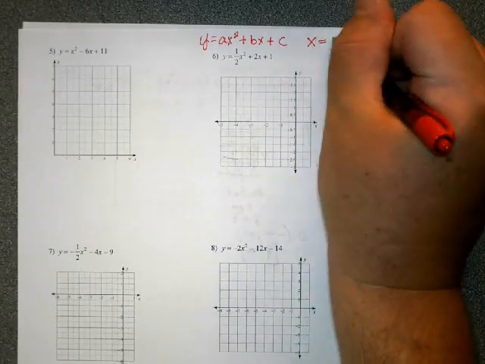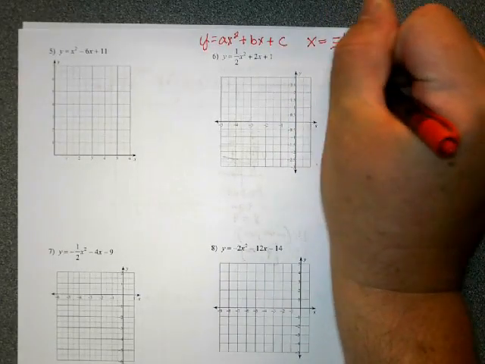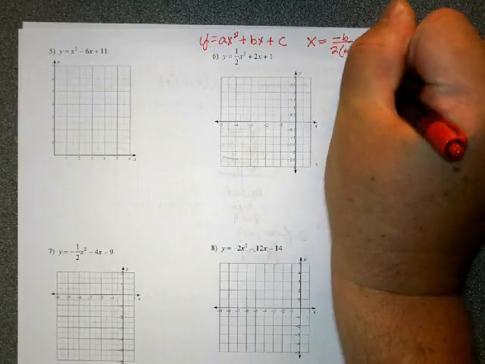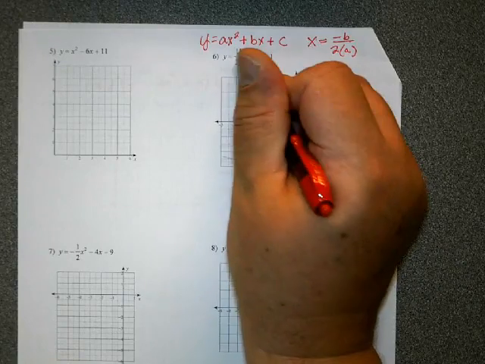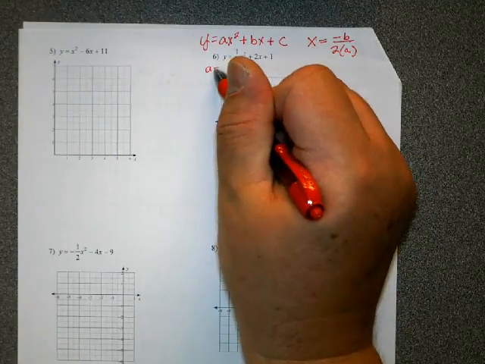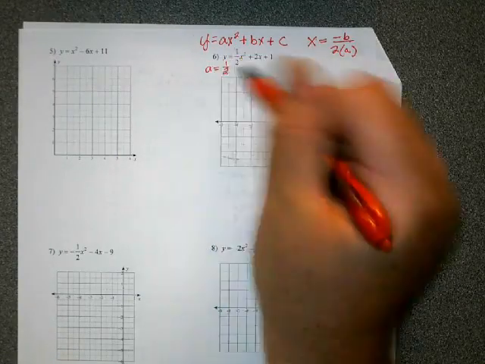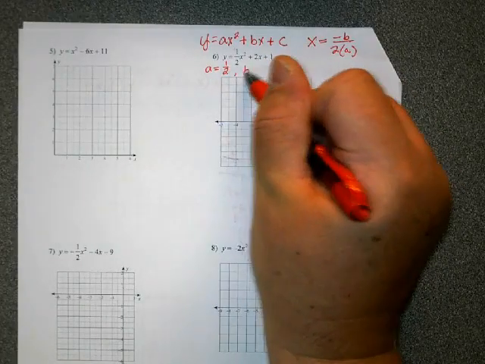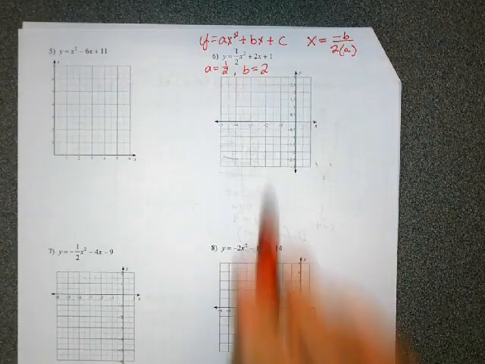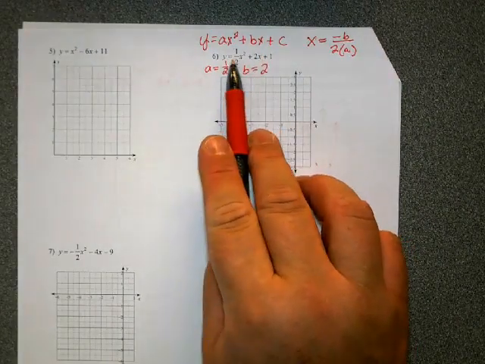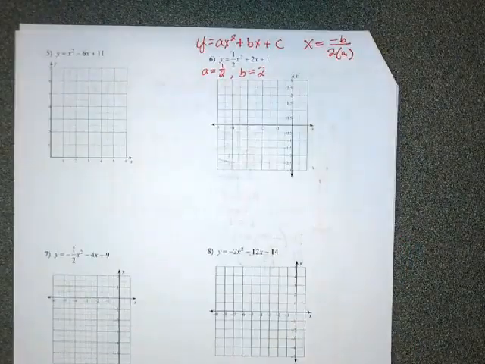So if I'm looking at my equation here, my a is the coefficient of x squared. So my a equals 1/2, and my b equals positive 2. You got to include the sign. If this was a negative 1/2, you would have to put that in there. So let's compute the x coordinate.